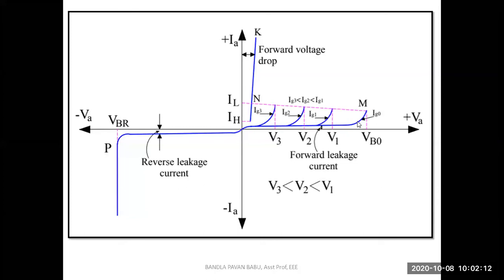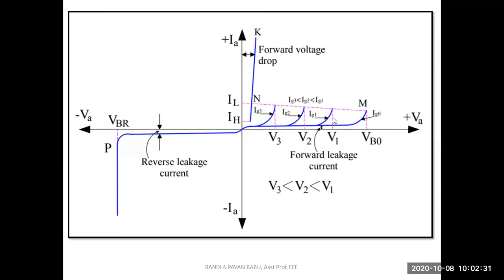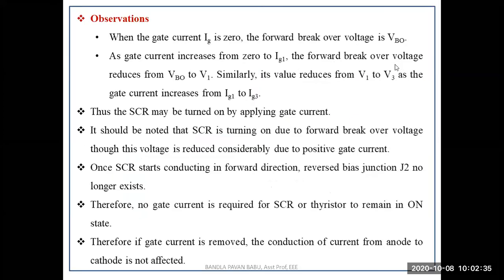And what are the observations made in gate triggering? I will once again highlight it. When the gate current Ig is 0, the forward breakover voltage is maximum, that is VB0. When we keep on increasing the gate current from 0 to Ig1, Ig2 or Ig3, the forward breakover voltage reduces from VB0 to VB1.